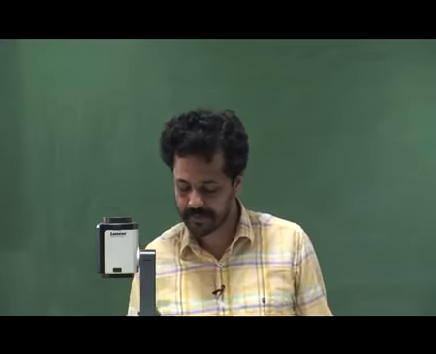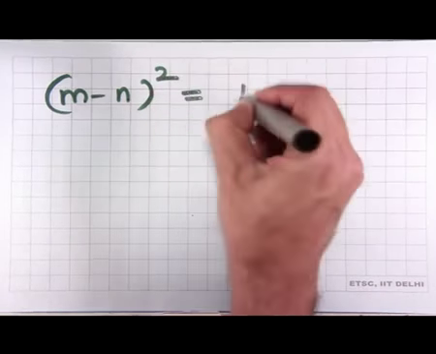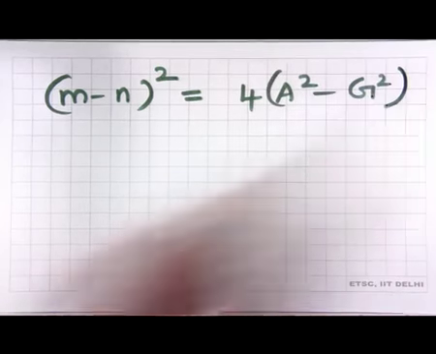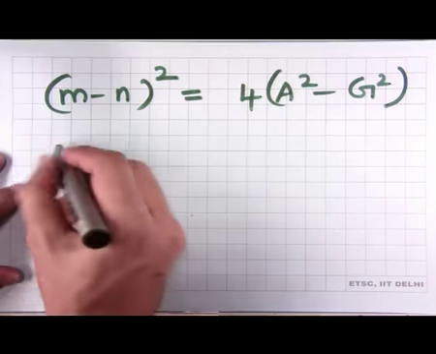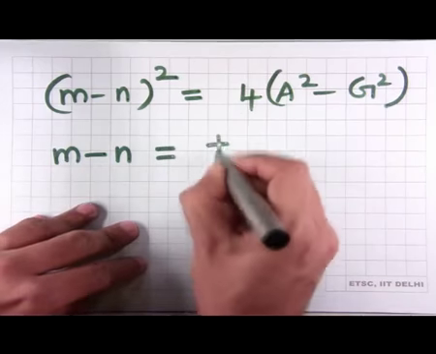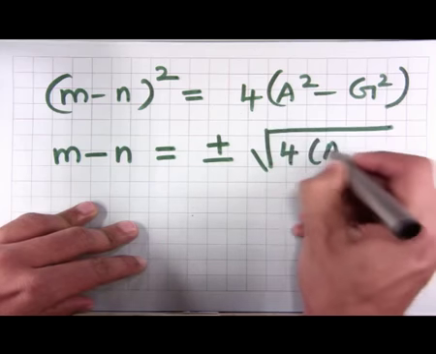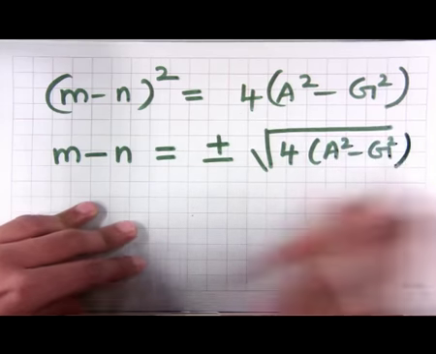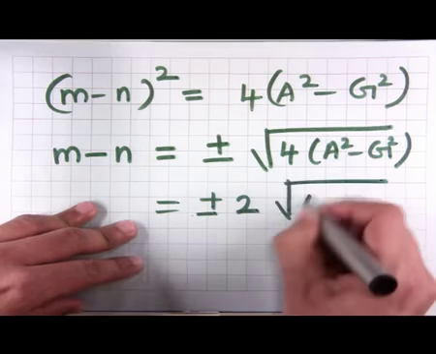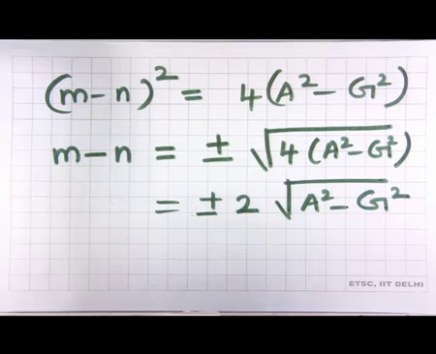So far, our observation is that m minus n is equal to plus or minus root of 4 times (A square minus G square), that is plus or minus 2 root of A square minus G square. This is m minus n.